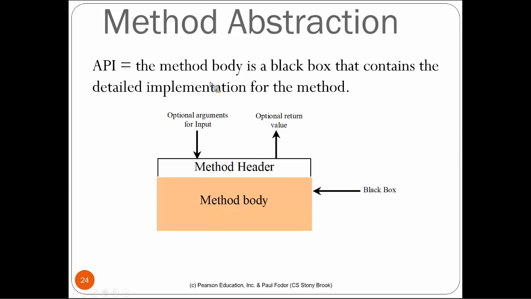It may contain a very complicated implementation, but really what we are interested in is the method header, or basically what are the methods that we can invoke from that class, what are the types of arguments that these methods accept, and what is the type of the return value. And that's exactly what the API stands for: the set of arguments for the input and the return value of the method. The implementation of the method is like a black box. If we know that it's correct, we don't actually need to know how it is implemented internally.